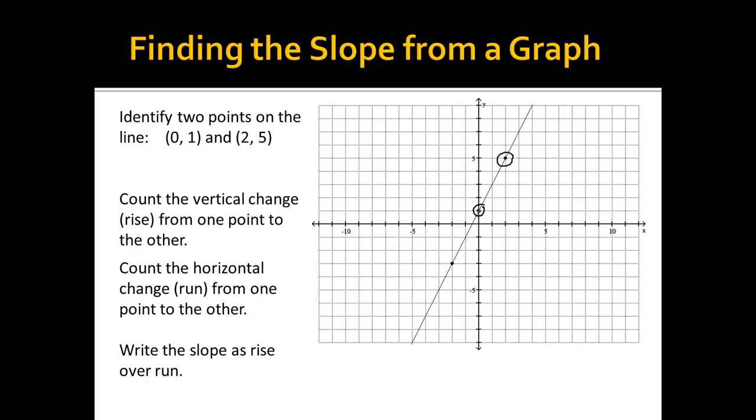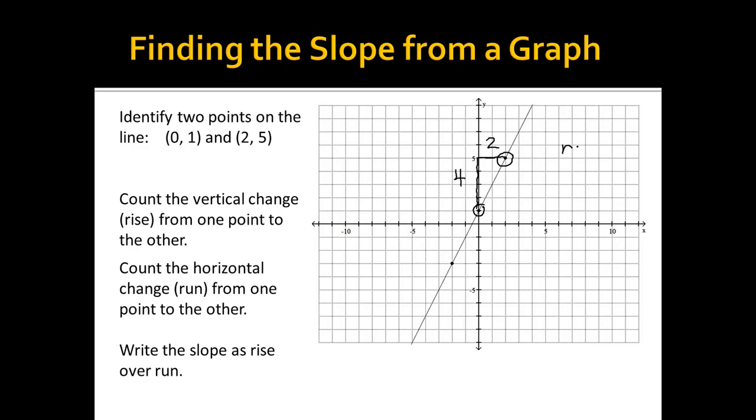So to get from the first point to the second point, I must go up 1, 2, 3, 4 units. So my rise is 4. From there, to get to the second point, I still have to go over 1, 2 units. And that was 2 units in a positive direction, so that's positive 2.